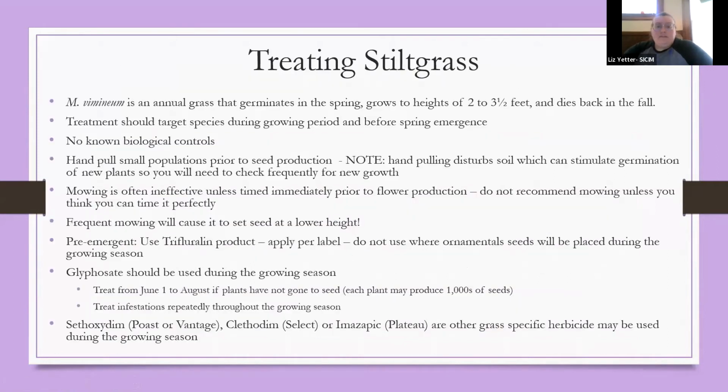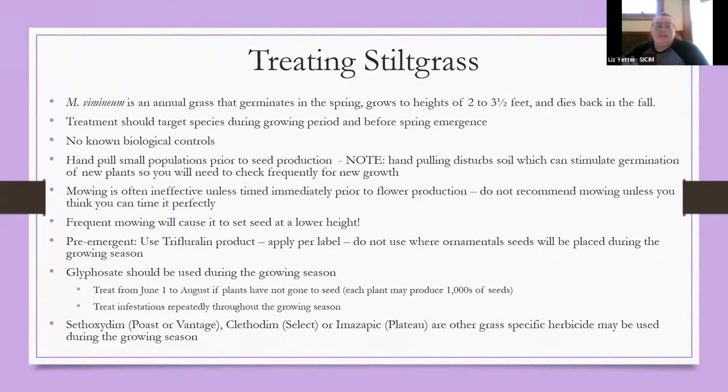So, treatment. Stiltgrass is an annual grass. It's going to grow up a little bit because it doesn't stand erect like some of our others, and then die back in the fall. So treatment ideally is done during the growing season or before it comes out in the spring.